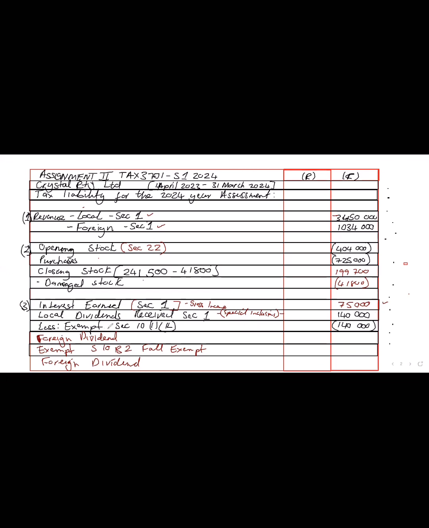But now there's a second section, speaking about exemptions, to say any local dividends according to section 10(1)(k) is fully exempt. But I'm not saying cram this section 10. What you're supposed to know is that any local dividends are exempt. Start there. Then you'll grow into the section to say, oh, it's section 10(1)(k).